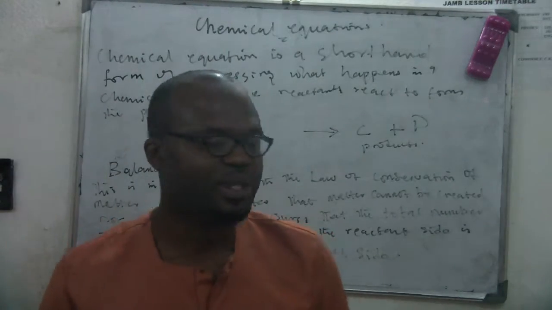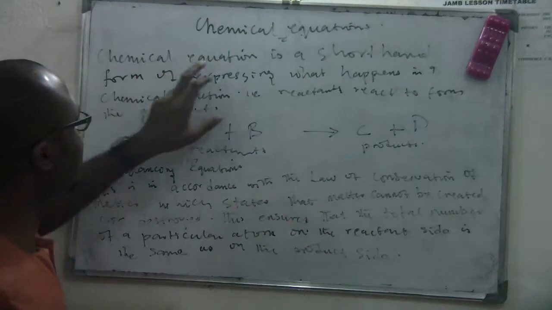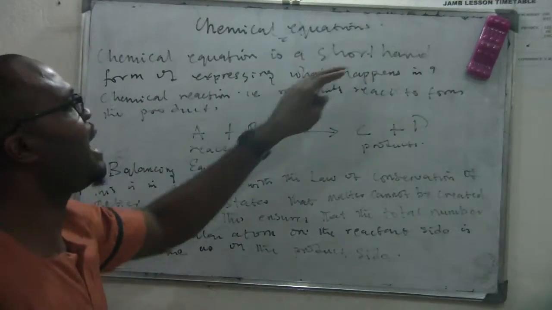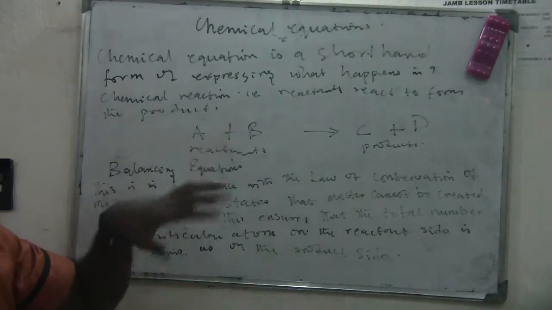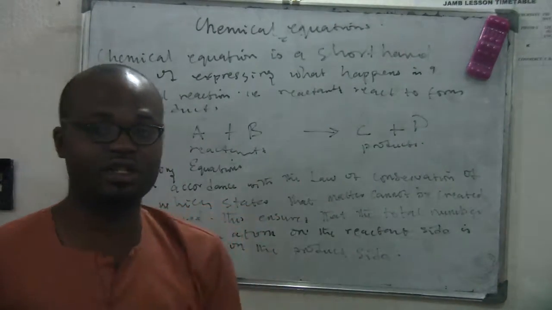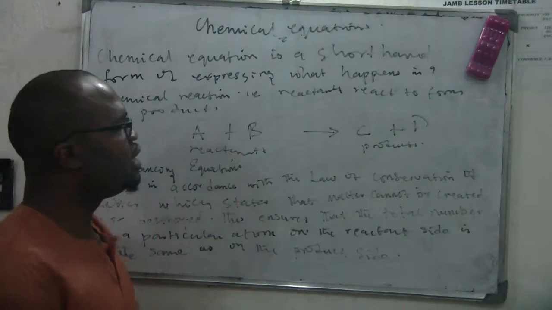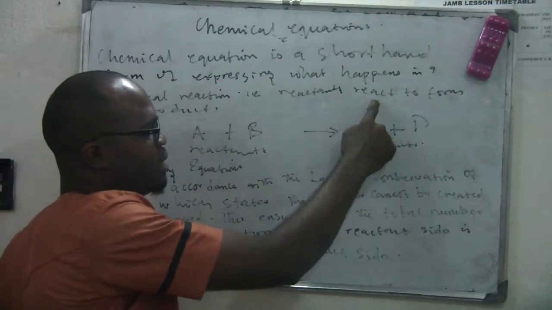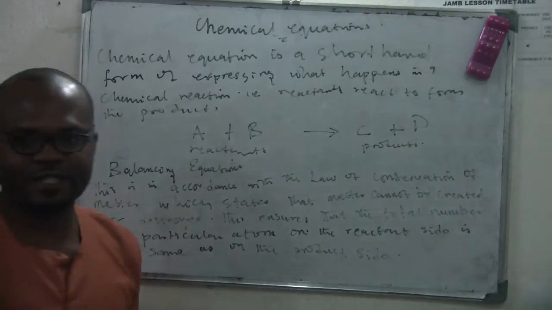Is that clear? And that's why we say that chemical equation is a shorthand form of expressing what happens in a chemical reaction. It shows us the reactants, how the reactants react to form the what? Products.